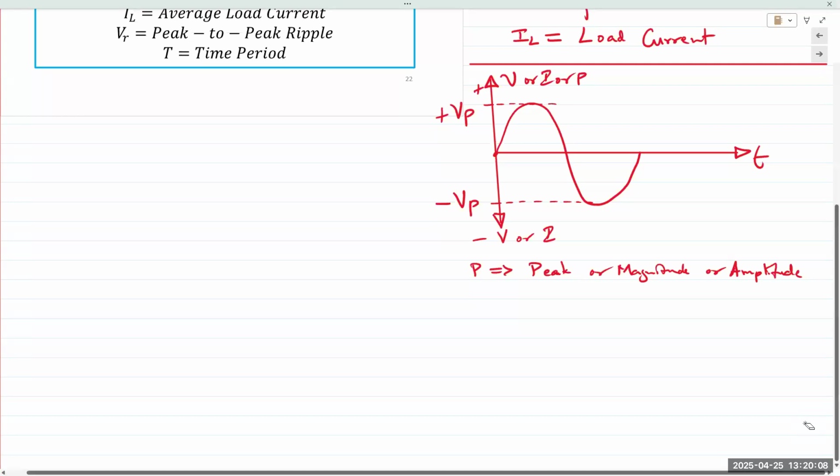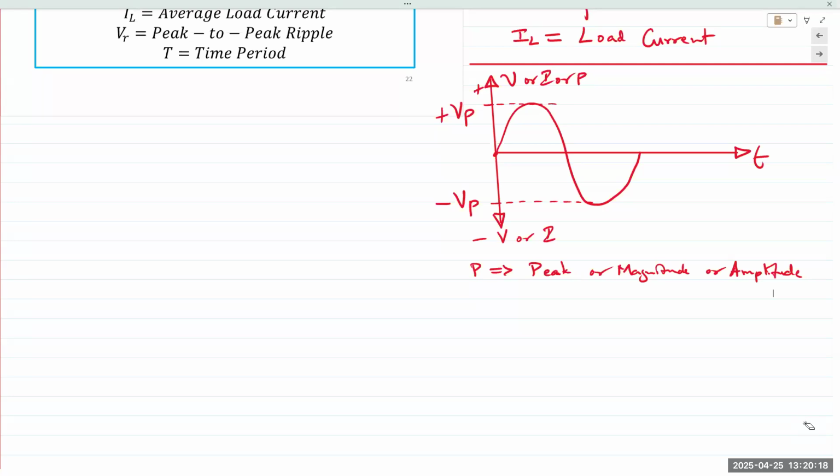Sometimes you would see some authors like to use M for the subscript, so VP, IP, IM, or VM. If you come across something like that, again, it means the peak value of the waveform. Then you have P-P. That is peak to peak. The peak to peak value of the waveform is twice VP.